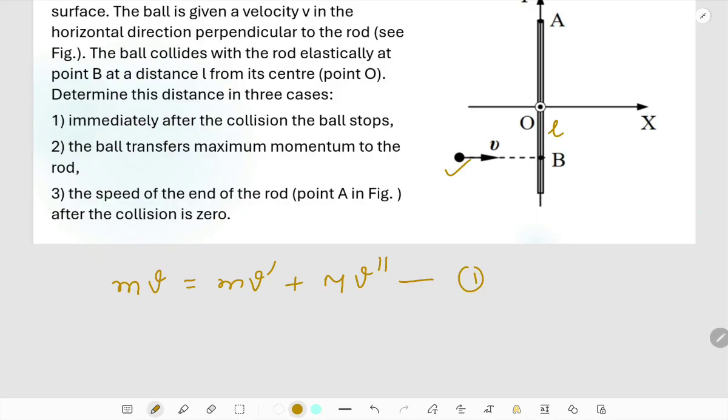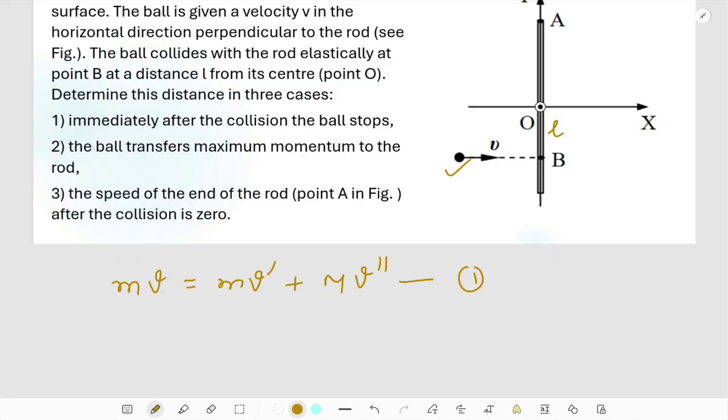Here v is the velocity of the ball before the collision, and the rod was at rest. That completes the total linear momentum before collision. Then v' is the velocity of the ball after collision, and v'' is the velocity of the center of mass of the rod after collision.